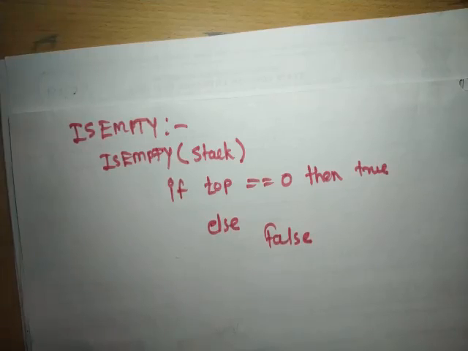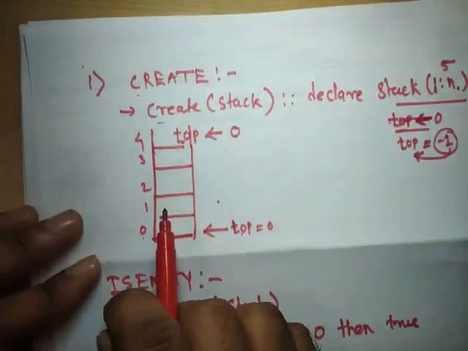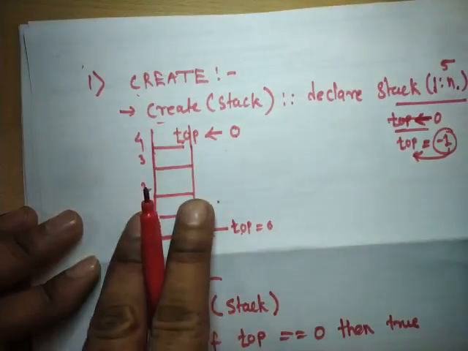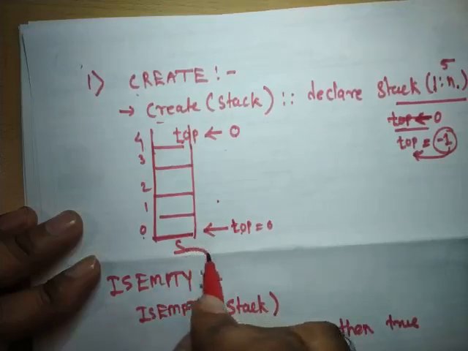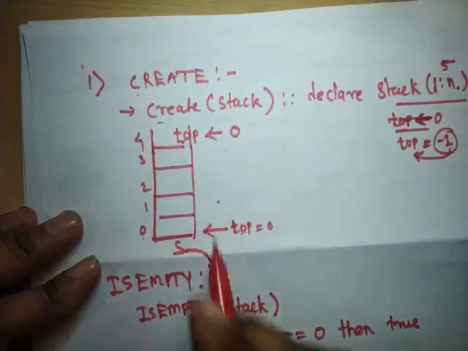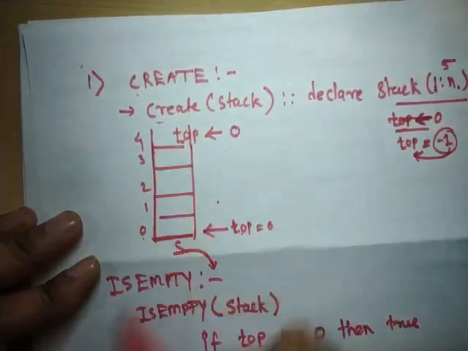If top is equal to 0, it returns true, else it returns false. Now we just created this stack and we check whether it is empty. We pass this stack s to the isEmpty function, and it returns true since the stack is empty.